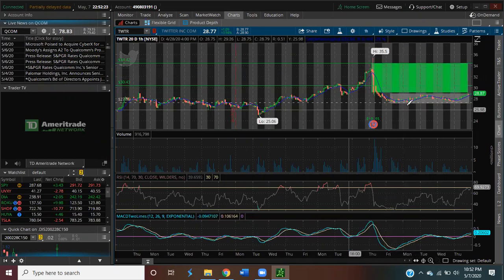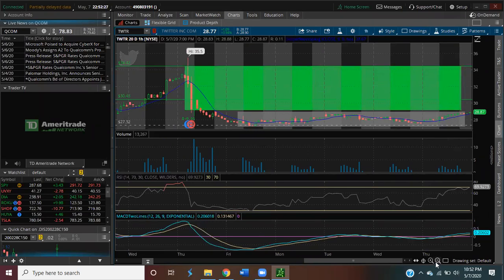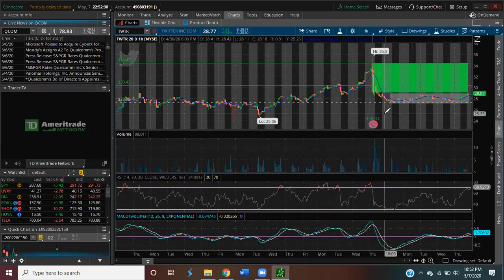Then what's our max loss? I'm gonna get out if it comes back down and breaks below the pattern. So to those who ask, am I still in Twitter?